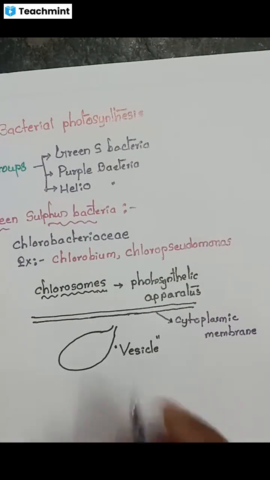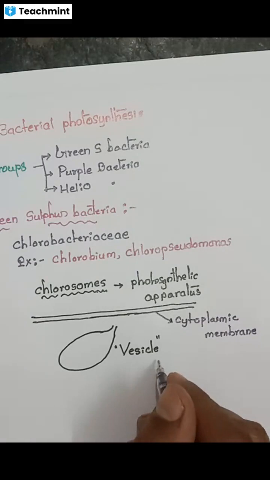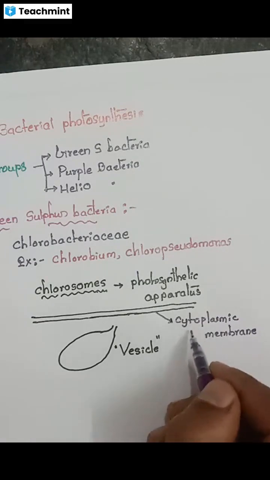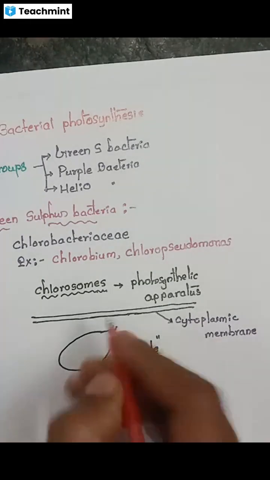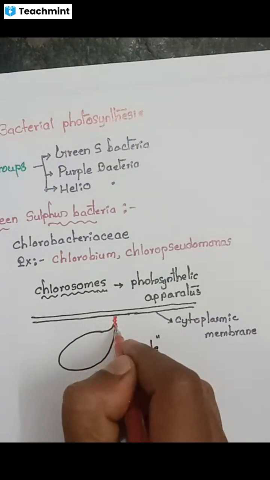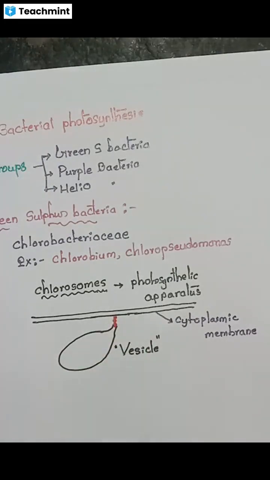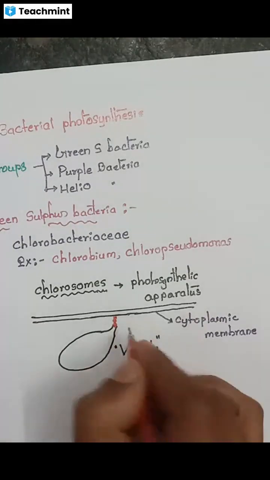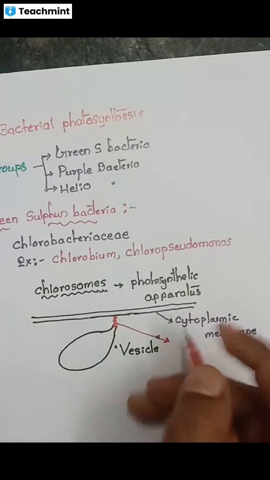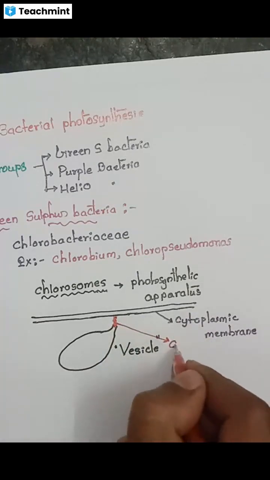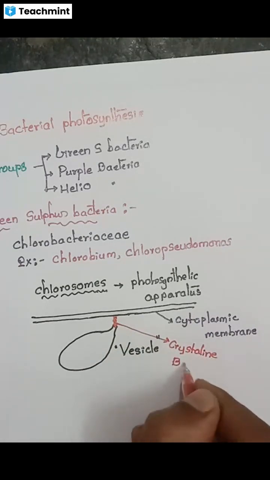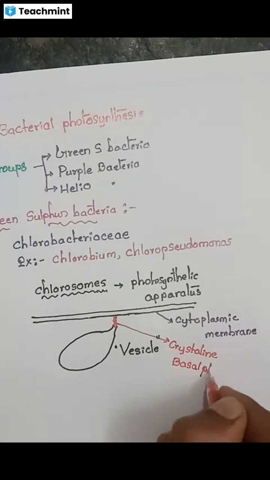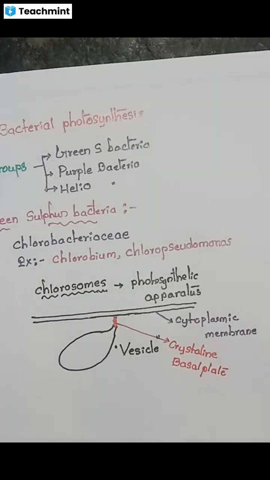These are vesicle-like structures closely associated with the cytoplasmic membrane by the crystalline basal plate. The crystalline basal plate. So clear.